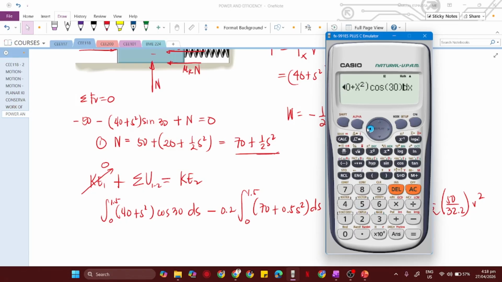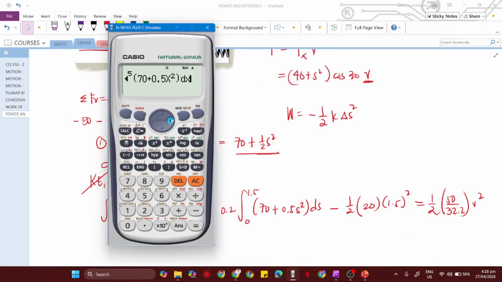Minus 0.2, then integral ng 70 plus 0.5 S squared. And then, evaluated from 0 to 1.5 pa rin. And then, lastly, ito. Minus 0.5 or 1 half times 20 times 1.5 square. Okay? So, yung sagot natin dito is ito.